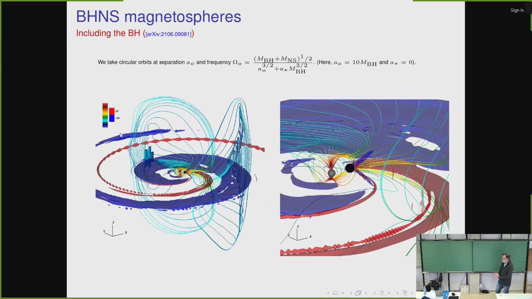Maybe you want to add something, or you have something in mind? Yeah, I was thinking about that because there's the Penrose process, right? So there's a way to extract angular momentum from these bodies.